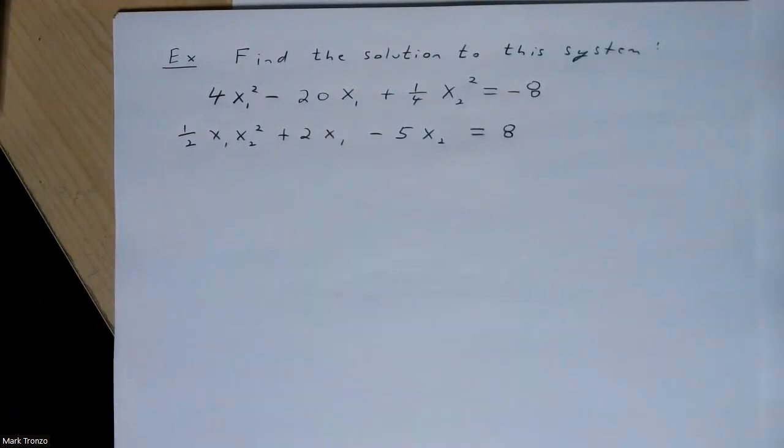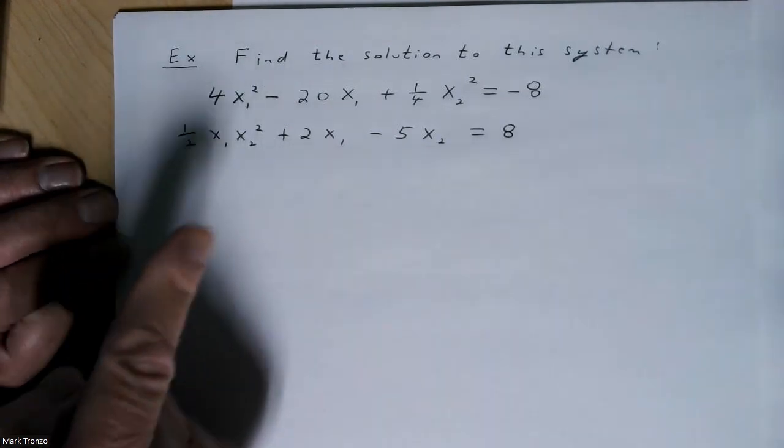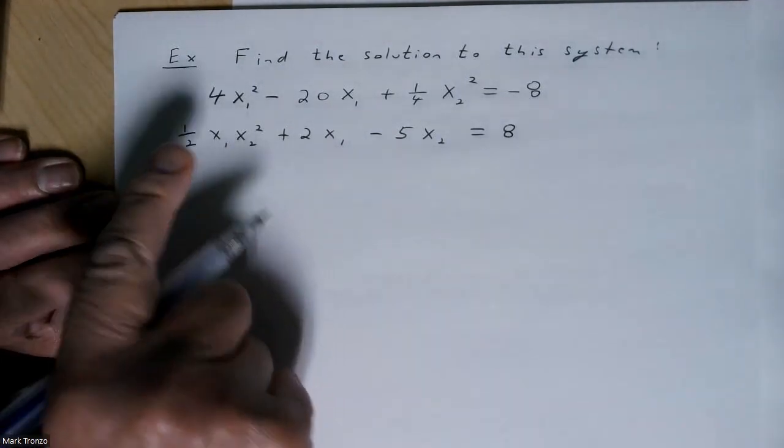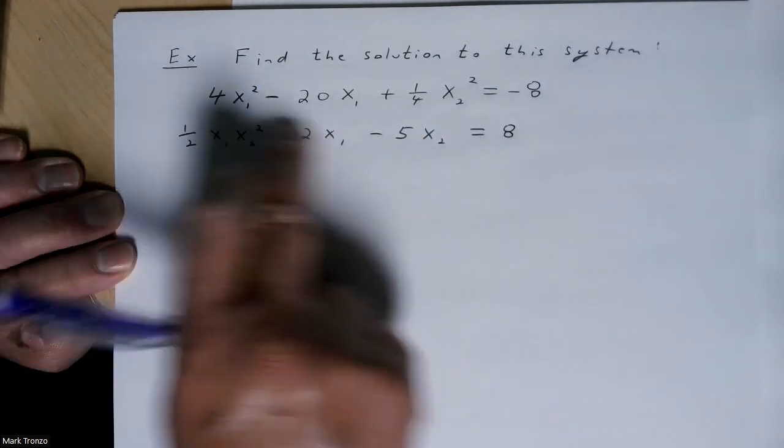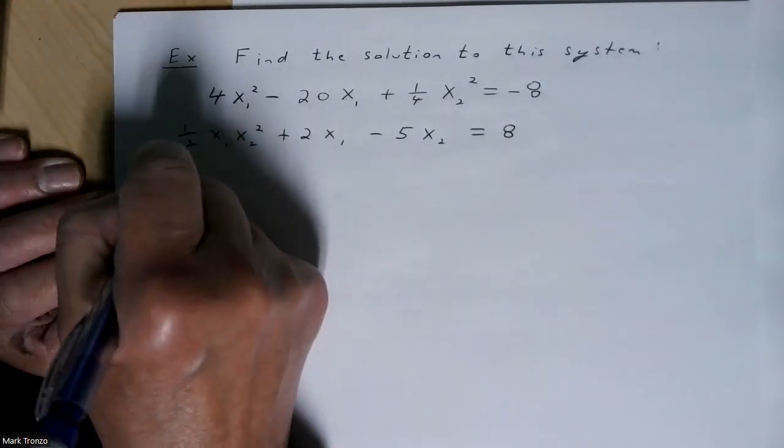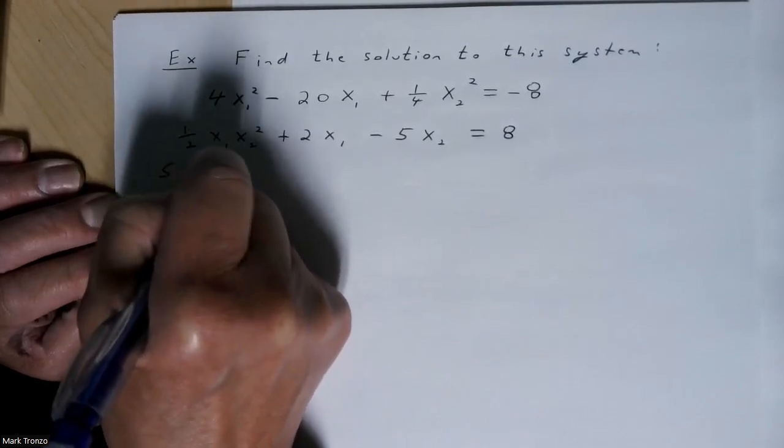And so when I solve this, just like you did with Newton's method, you want to set these equal to 0 and call each of these your functions. So let's go ahead and do that. That's our first step.